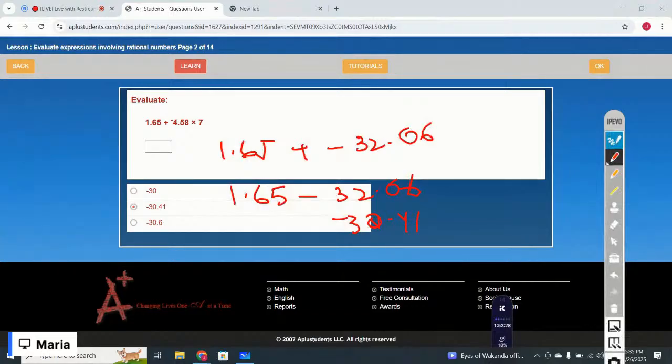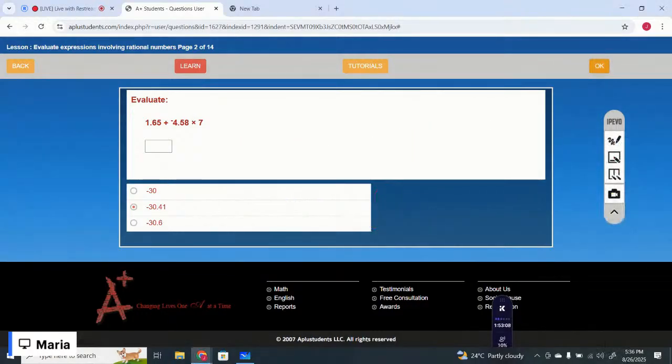So you're multiplying a positive and a negative number, answer is negative. Option number 2 is the correct option. That is negative 30.41.